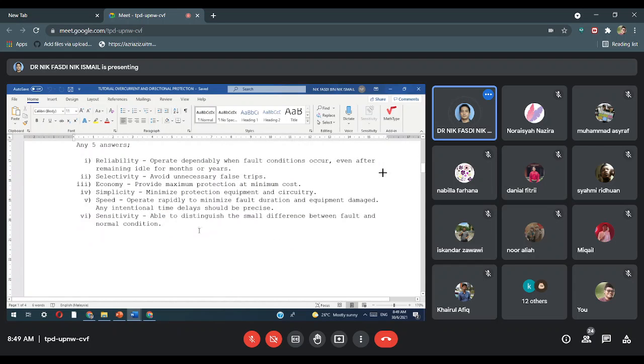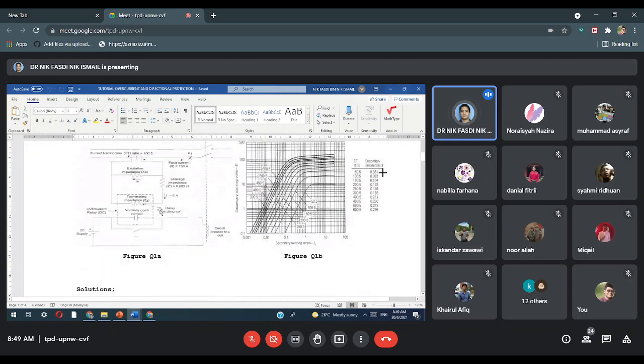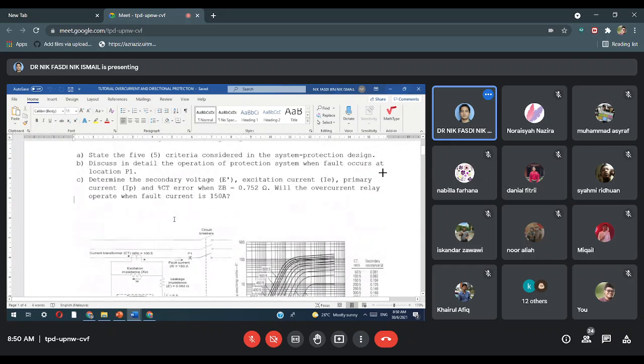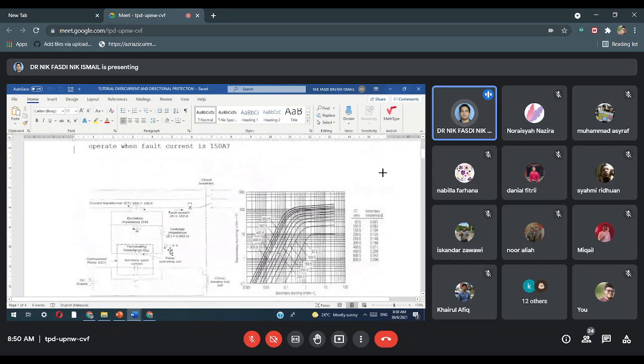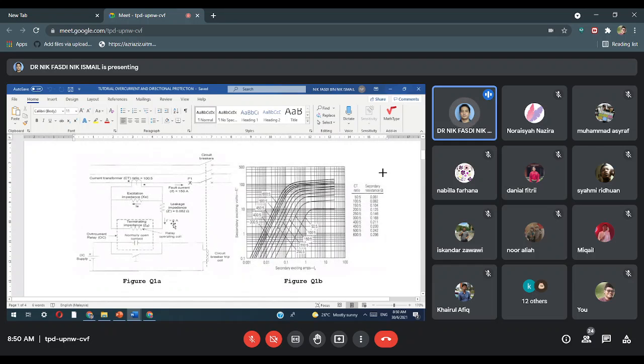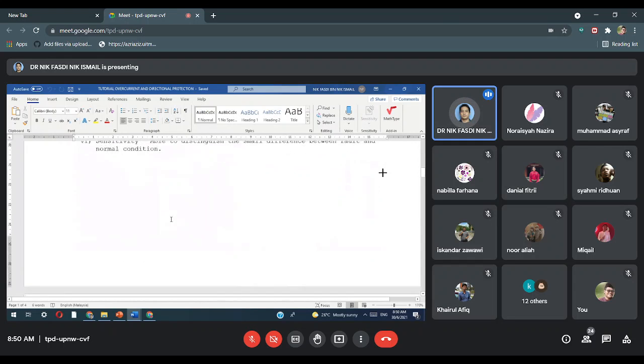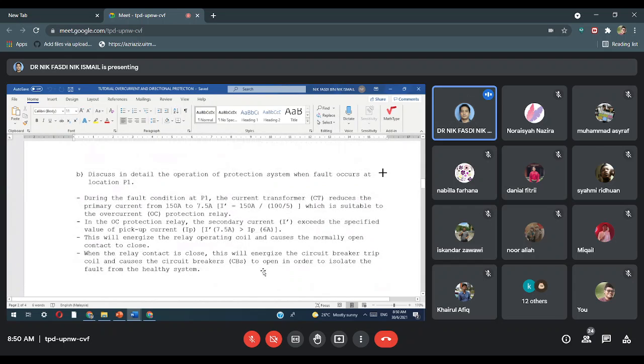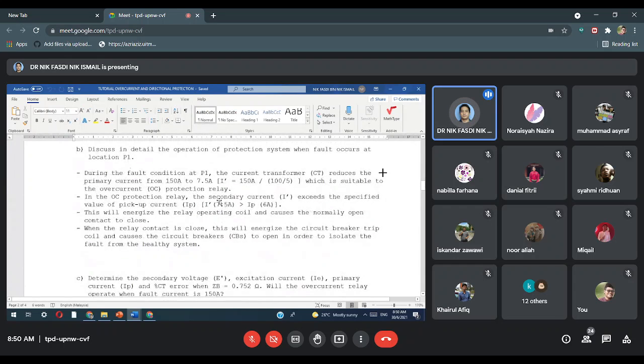Although it is not mentioned here, let's look here. In normal condition, please consider it as a peak current, the pickup current, because without the fault suddenly there is a value of I'. So we must consider it as the pickup current, the minimum current required to trigger the overcurrent relay. So 7.5 is greater than IP, so what happens?